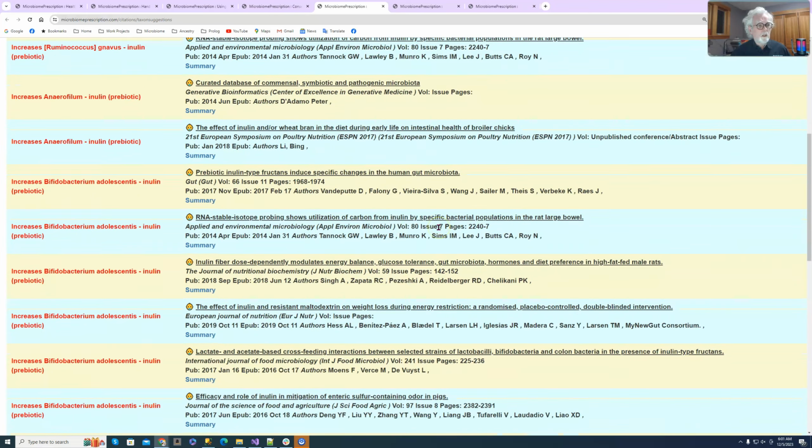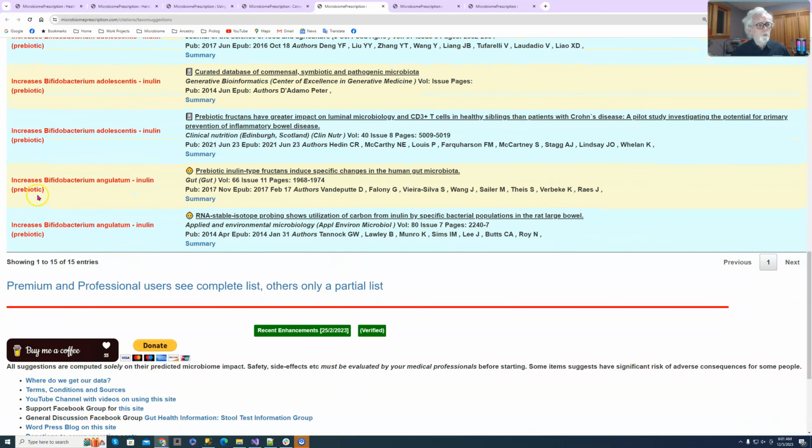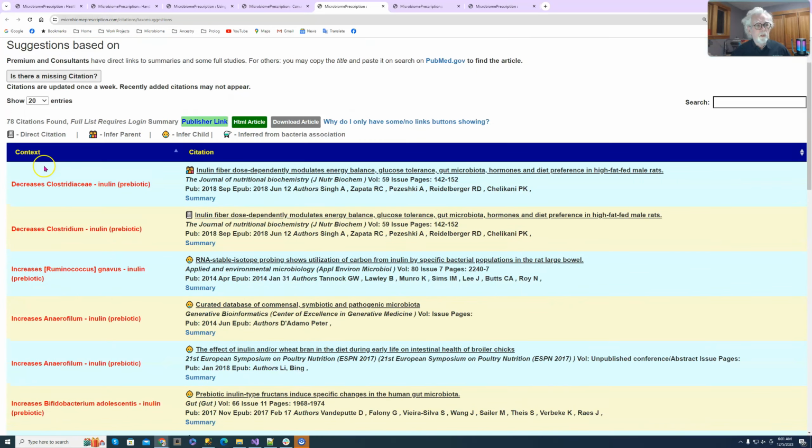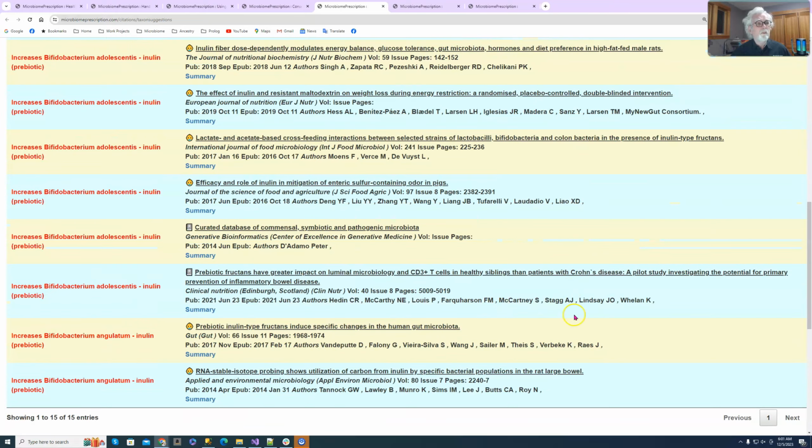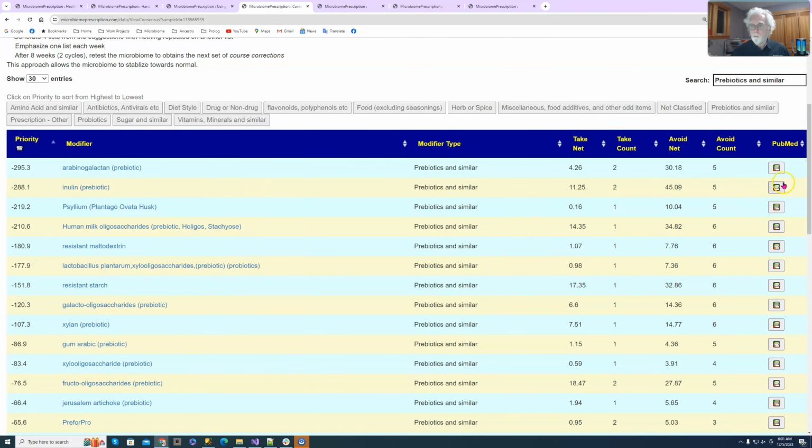And here we see the impact of inulin, which ones it will increase, which ones it will decrease, and we have the studies where the information is coming from. And how many studies do we have? We have 15 studies there. So all the way down the right side, you have all the logic being used. And remember, we have a bunch of different bacteria being adjusted, and over here, bacteria by bacteria for the food you get listed. So it gives you the evidence trail for why things are doing what they do.